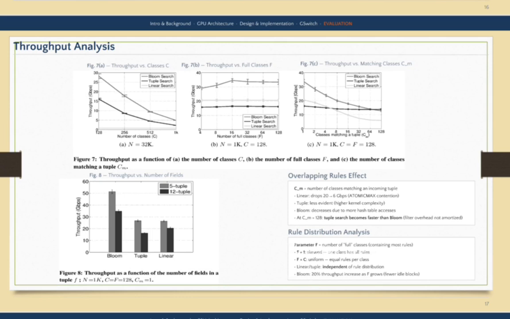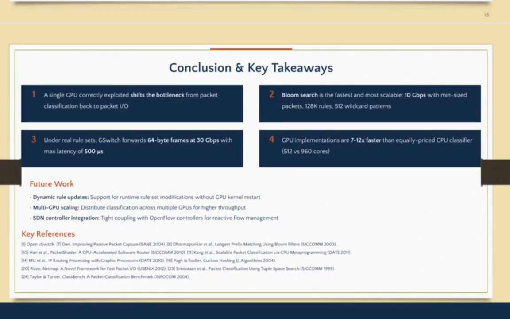Slide 18 summarizes the main conclusions of the paper. The results show that GPU acceleration significantly improves packet classification performance and removes the processing bottleneck in software switches. Among the proposed algorithms, Bloom search achieves the best performance and scalability, supporting high throughput even with large rule sets.